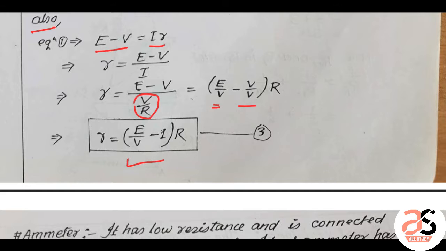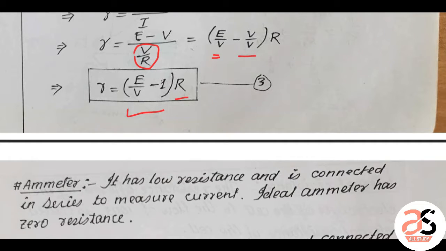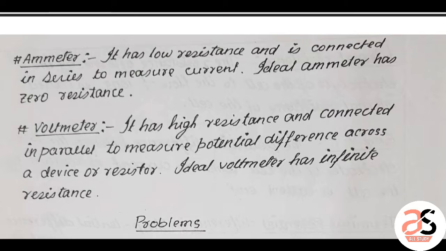So this expression is small r, the internal resistance, equal to E by V minus 1 whole into external resistance R. So this is EMF by terminal potential minus 1 into external resistance capital R. This is the expression for small r.